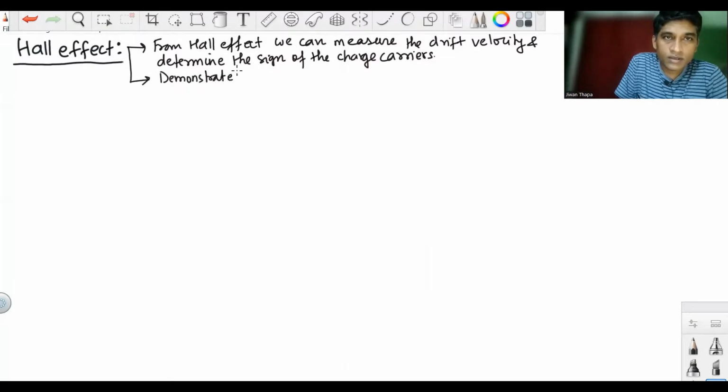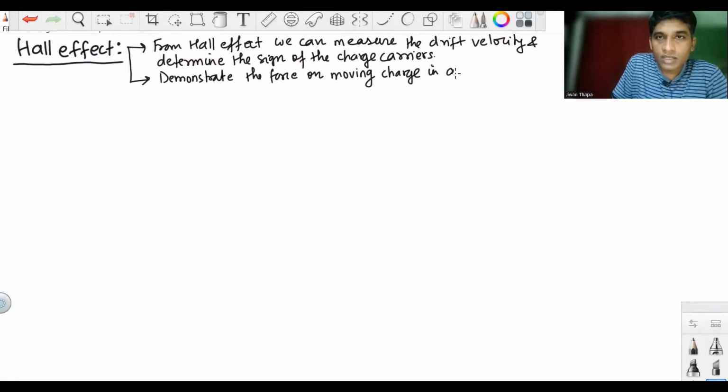demonstrates the force on moving charge in a conductor placed in magnetic field.